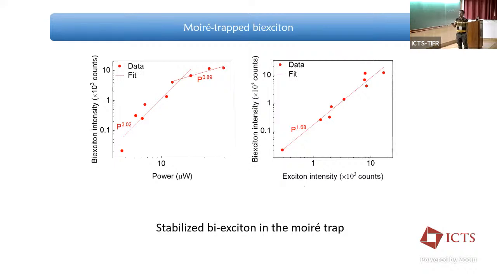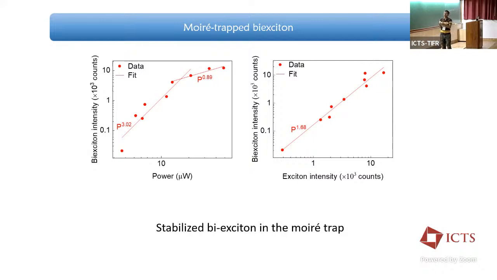So we see these biexcitonic features also. With power, it's like P to the power 3. If we plot with respect to exciton, it is like 1.68, which is very interesting. This is on the red side of the exciton, which is interesting because what people believe is that it's very difficult to stabilize a biexciton in a Moire pocket simply because of the Coulombic repulsions.